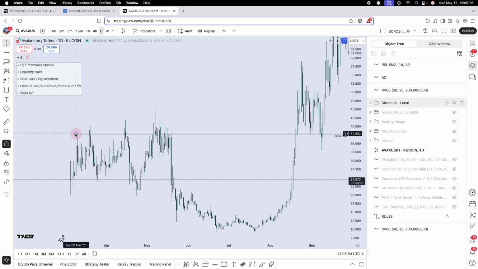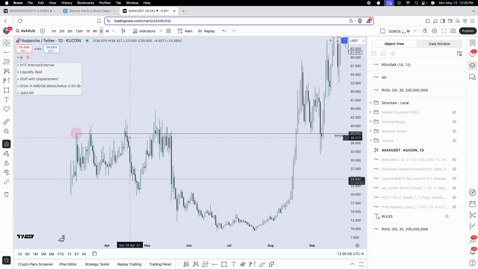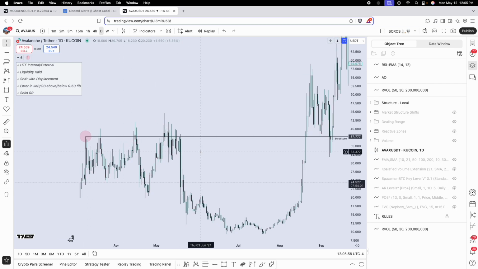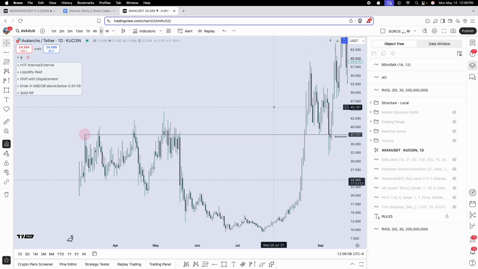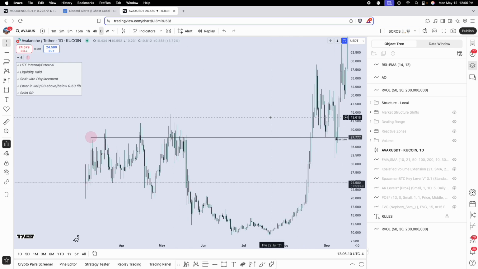But the idea is structure is being confirmed bearish when it rejects and then goes back into the range, and it does it multiple times. Structure becomes stronger the more attempts to break out are failed. Eventually it does break out, and that's where you get your shift in market structure and order flow.